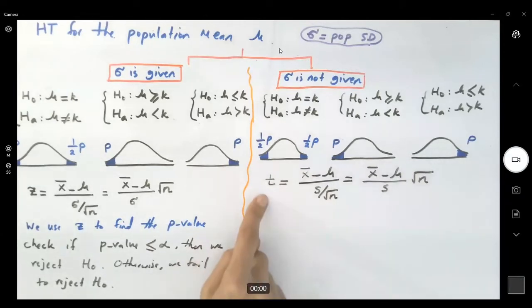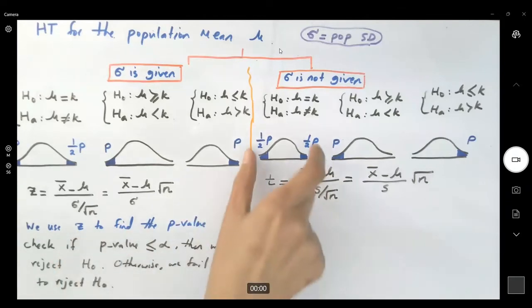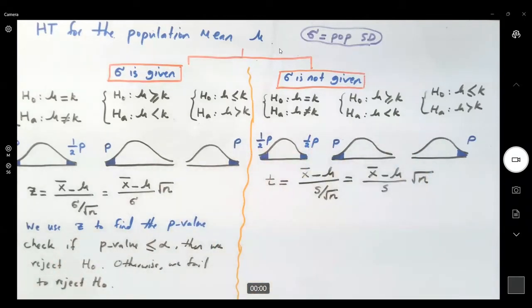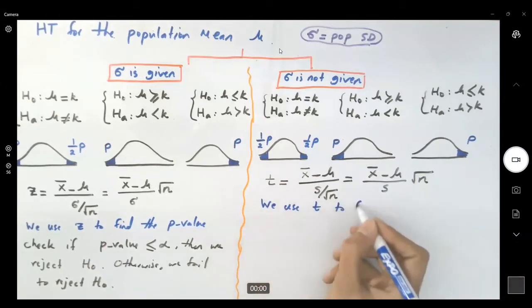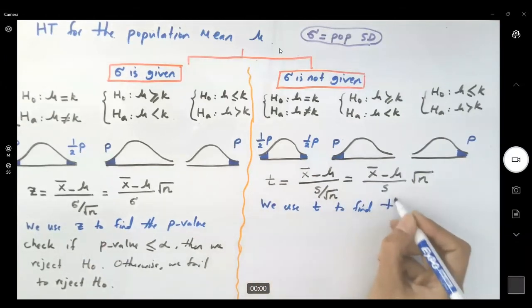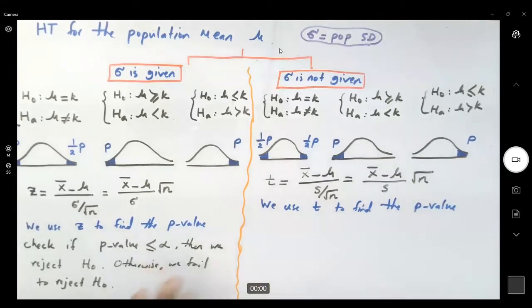Well, now we're going to use t instead of z to find the p-values. We use t to find the p-value, exactly the same as what we did before.